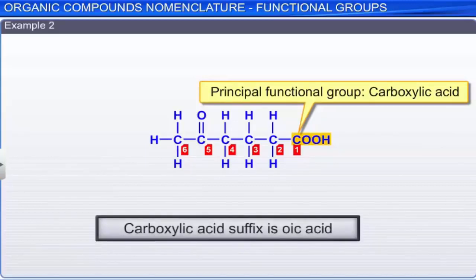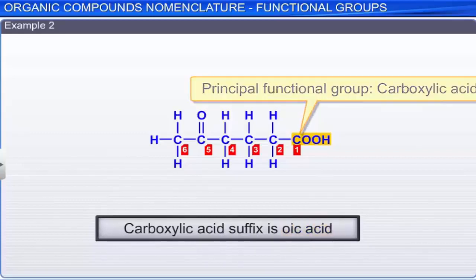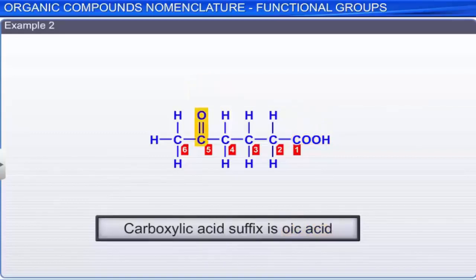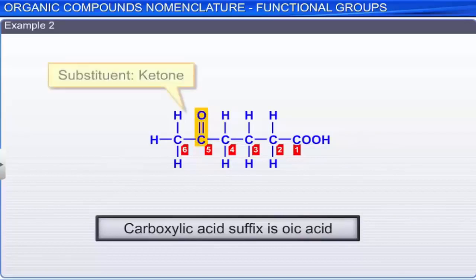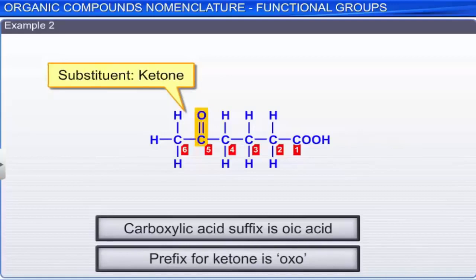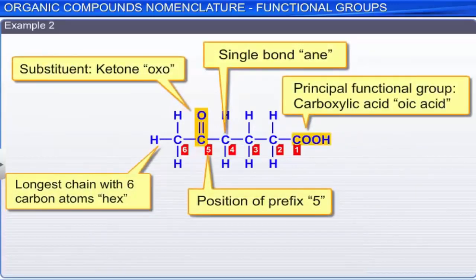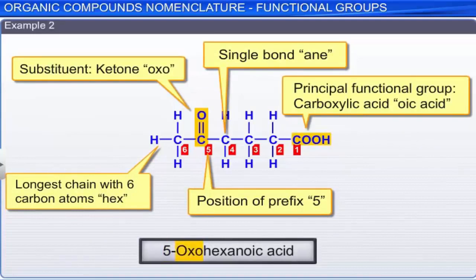For carboxylic acid, the suffix oic acid is used. The other functional groups act as substituents, and they are written by using appropriate prefixes. Here, the substituent is ketone, and the prefix used for ketone is oxo. Thus, the name of the compound is 5-oxohexanoic acid.